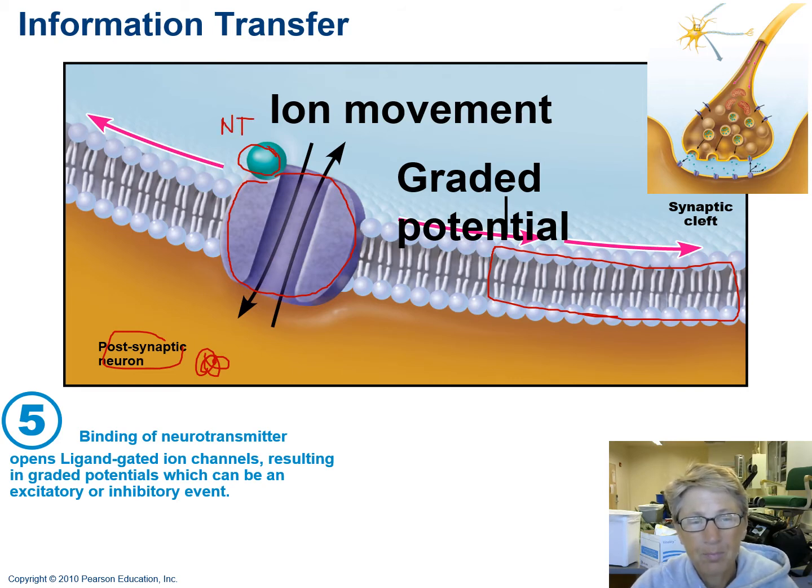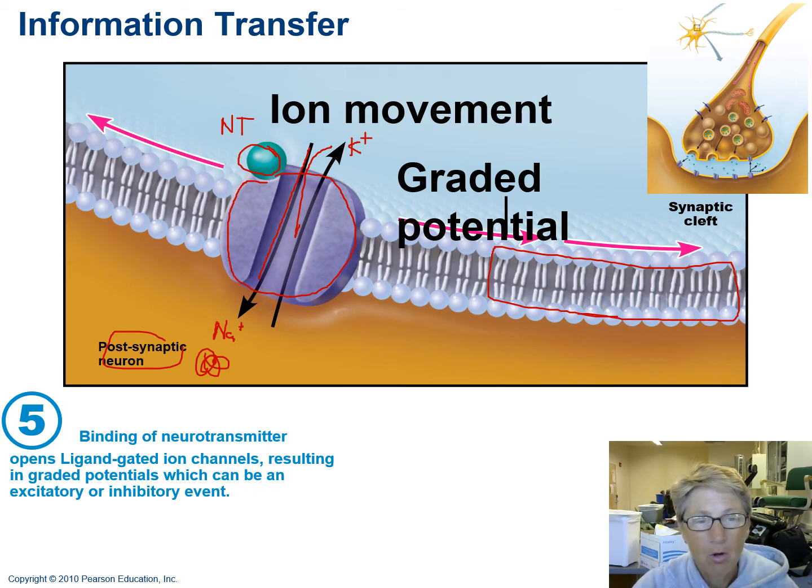And then for ion movement, it shows one arrow going in and one arrow going out. Which ion should I draw here as the ion going in? Would it be sodium or potassium? If you said sodium, you would be right. So that would make this potassium.